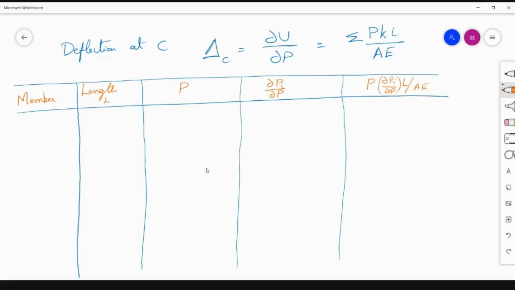Now L, the length of the member, we are writing in terms of meters, and force in kilonewtons.